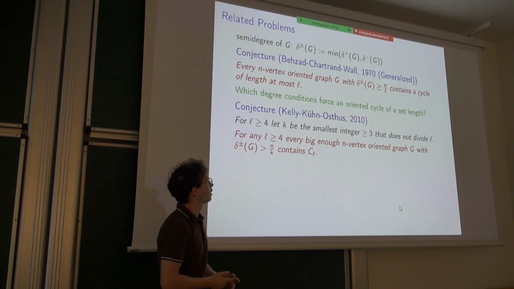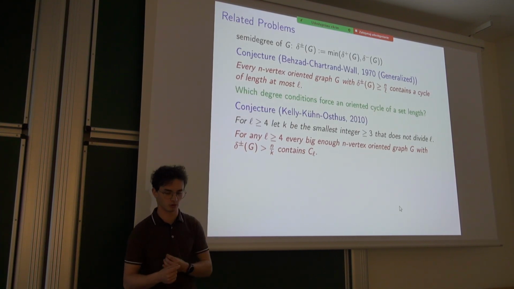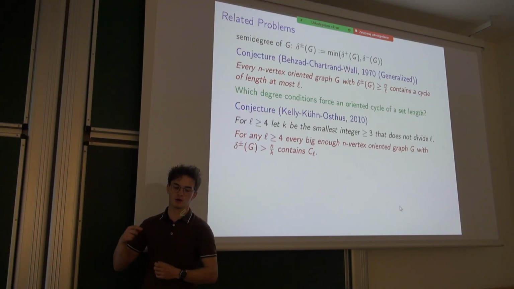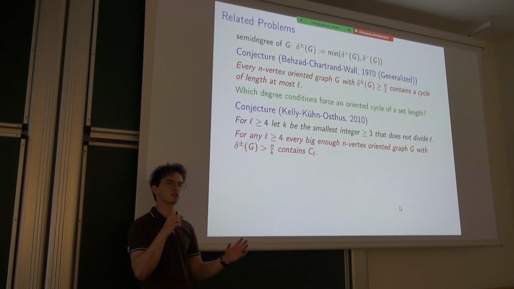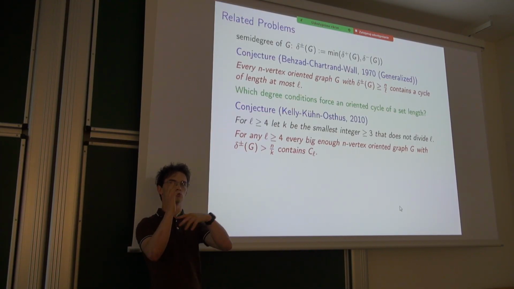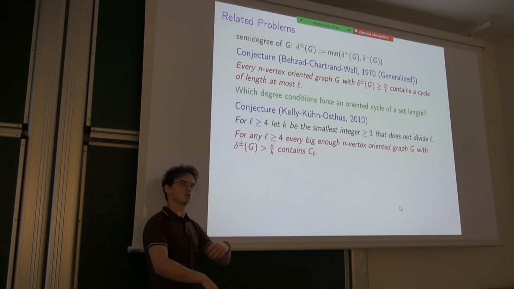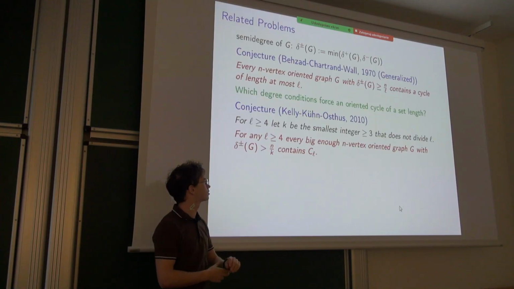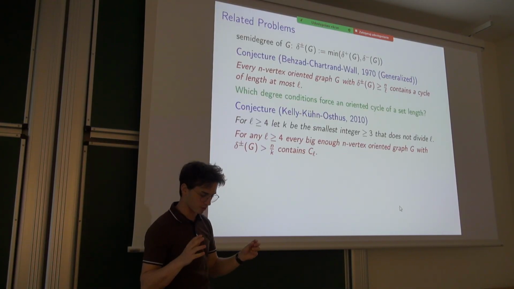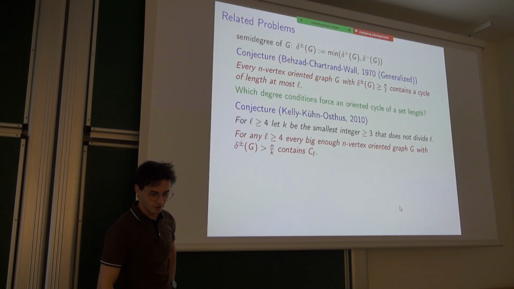With this reasoning we can deduce that a very important constant may be the smallest number k that does not divide L, as then a blow-up of CK would only contain cycles of length multiples of k, which is not L. And it's very, very dense. The semidegree is very big then.